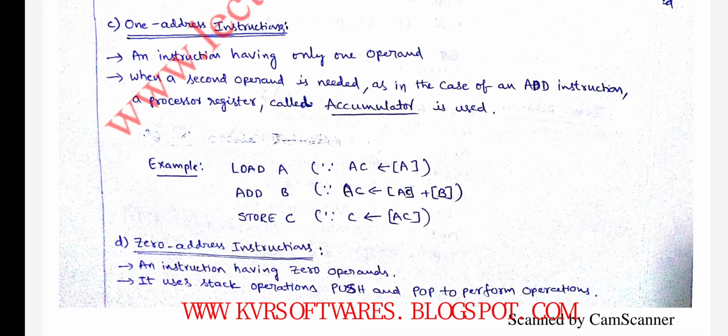An instruction having only one operand. Here one more register which we use, a processor register, is called the accumulator, AC. Accumulator is a register which is used to store data. Here we have to use a register called the accumulator register, AC.